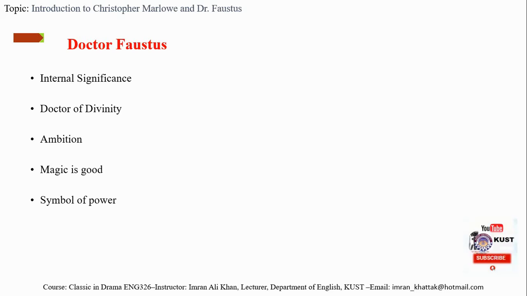That is the reason that he is inclined to acquire magical powers, and he signs a pact for the sake of knowledge, for the sake of power, but he descends to gratify his fleshly needs.